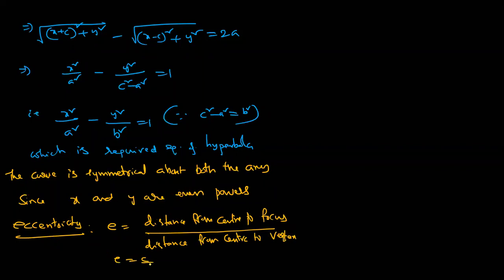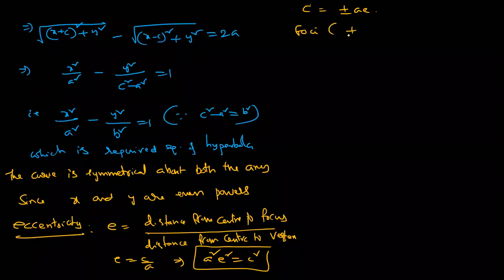So e is equal to c by a. So c is equal to ae. So c is how much? Anyone? Plus or minus ae. Therefore, what are the foci? Plus or minus ae comma 0.